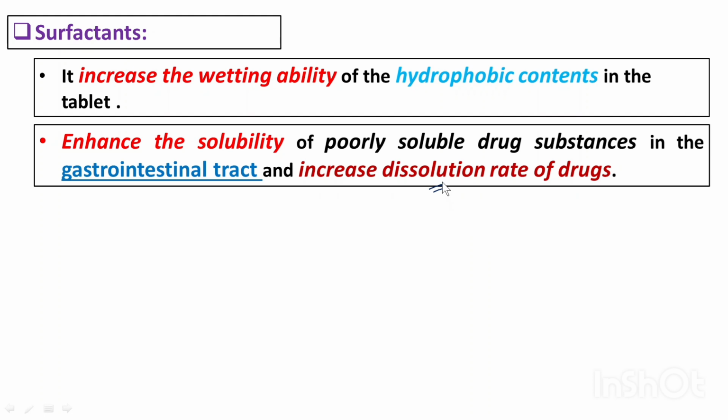So what are the examples of different types of surfactants? For example, sodium lauryl sulfate is one of the surfactants.